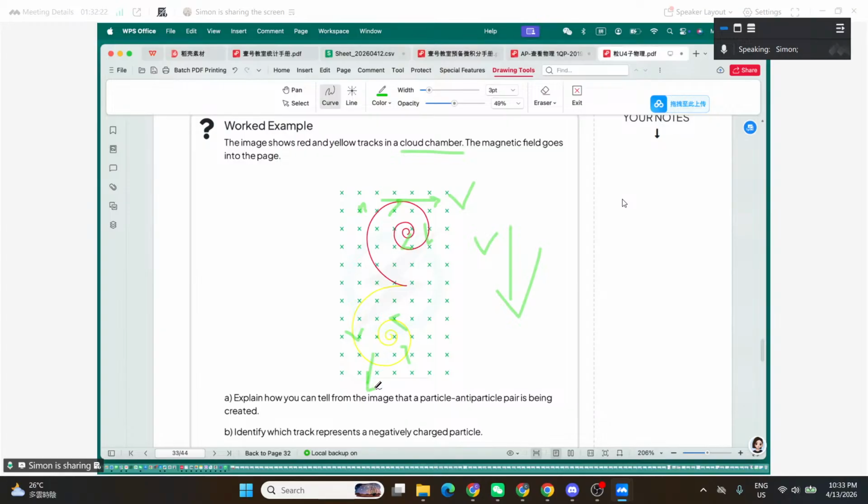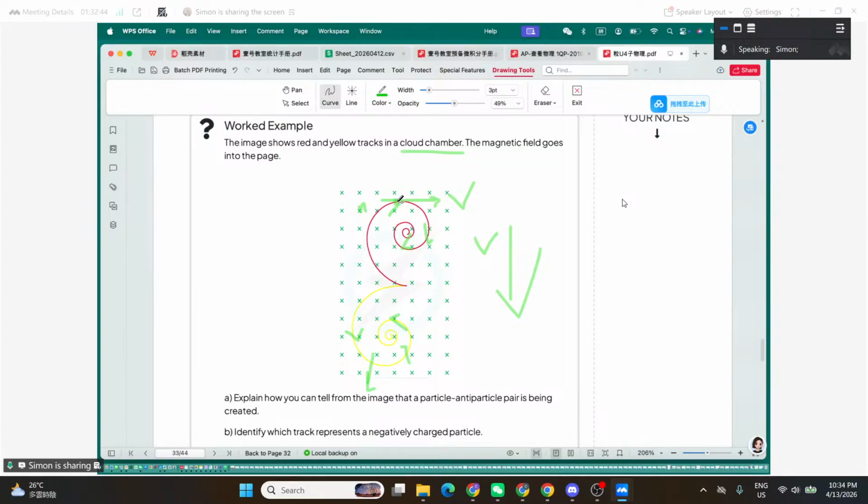So we use the cloud chamber and the pathway, because in the cloud chamber the energy will decrease, so the pathway is inward. According to the inward direction, we choose the end point in the pathway.